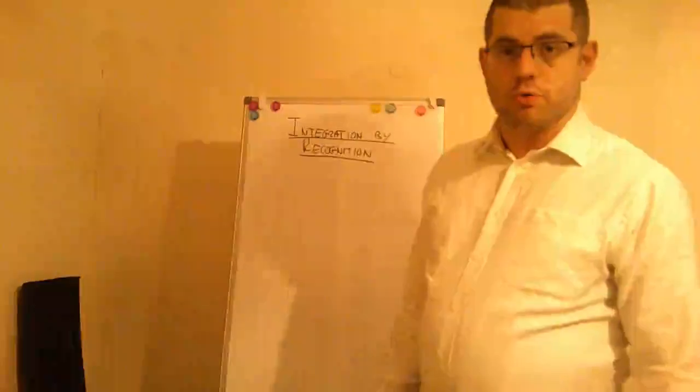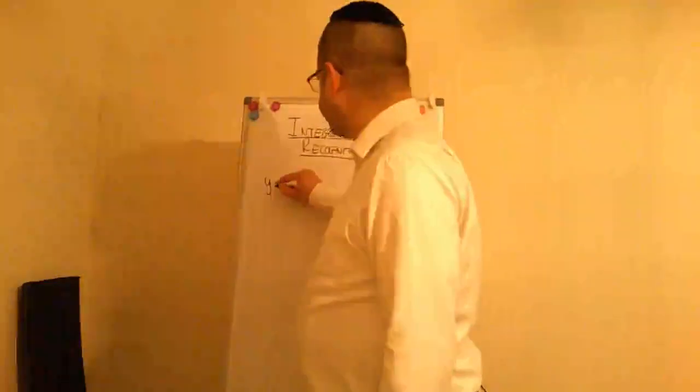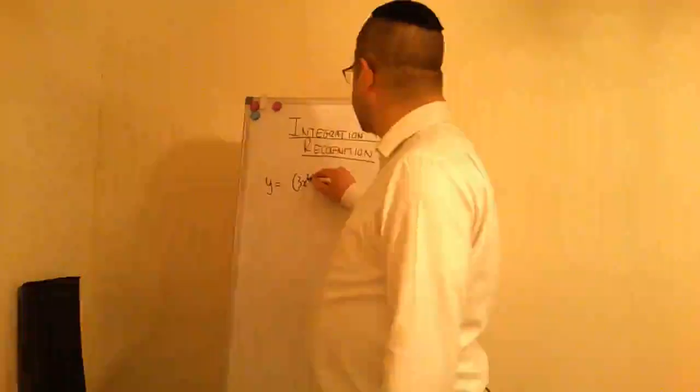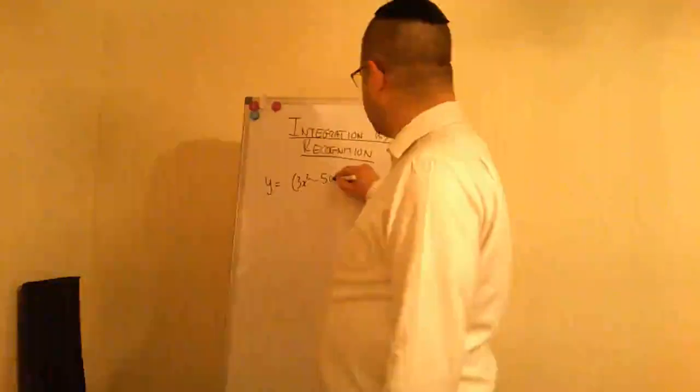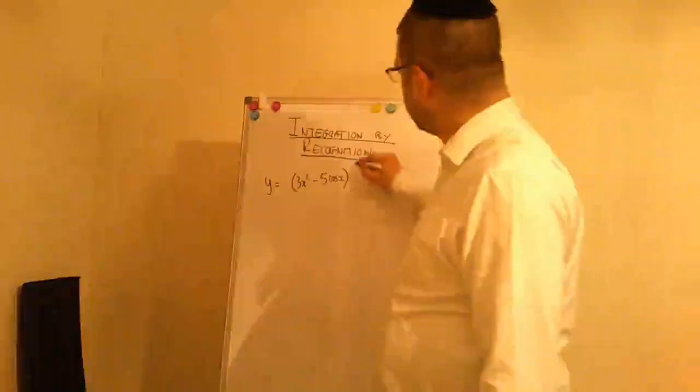So what I'd like you to do is to differentiate the two following functions. Number 1, y is (3x squared minus 5 cos x) to the power 5.